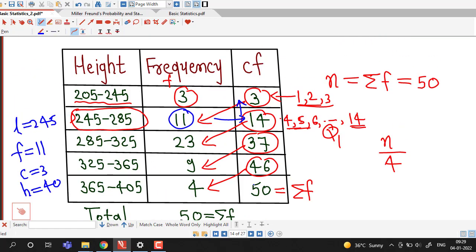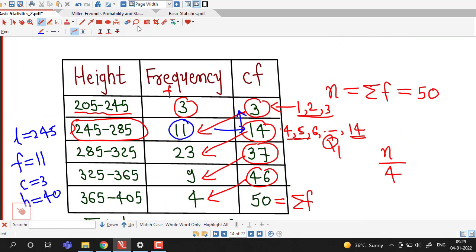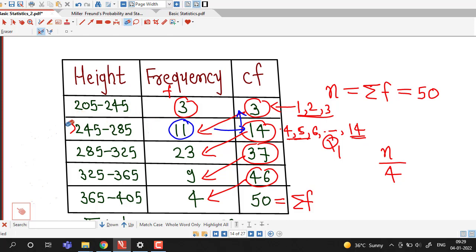Now we require third quartile. So for third quartile, we have to first find the class containing third quartile, which we will call the third quartile class. So for that, first we have to decide value of 3 into n by 4. So here n is 50.